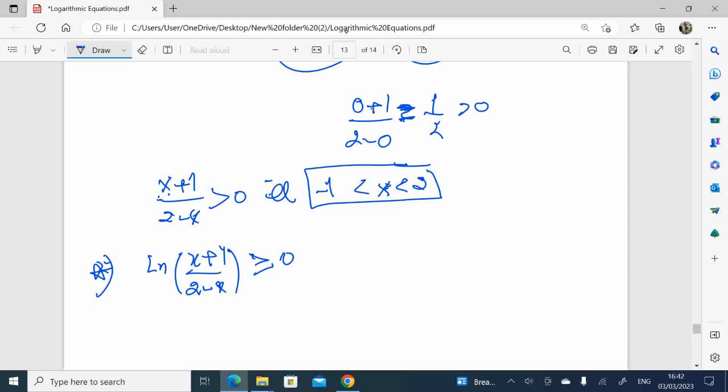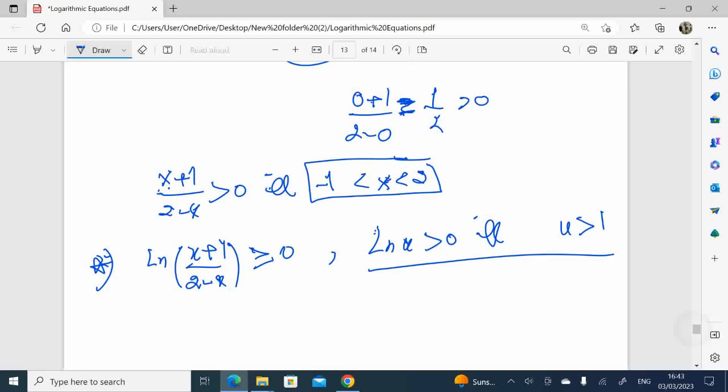I need to recall a property here about the logarithmic function. The property says that ln u is positive if and only if u is greater than 1.